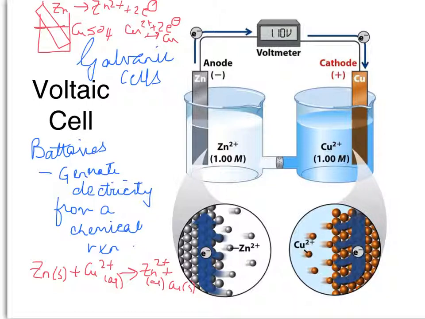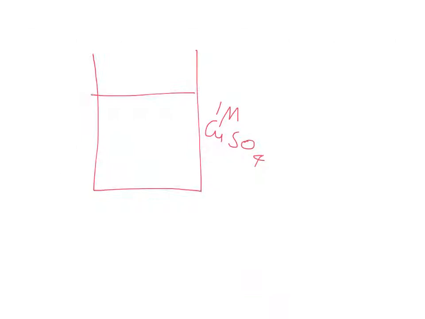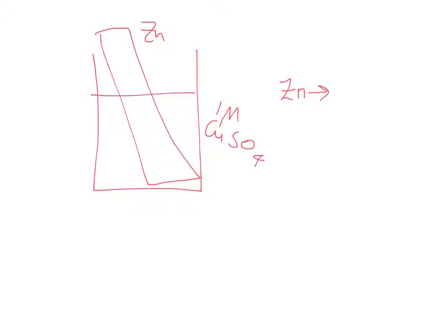Let's take a big picture look at that. So what I'm saying is that you took a beaker, you filled it with some solution of copper sulfate, maybe it's 1 molar, and you immersed a zinc plate into that solution. What's going to happen is that zinc, I gave you that activity series, has a higher tendency to go through oxidation.